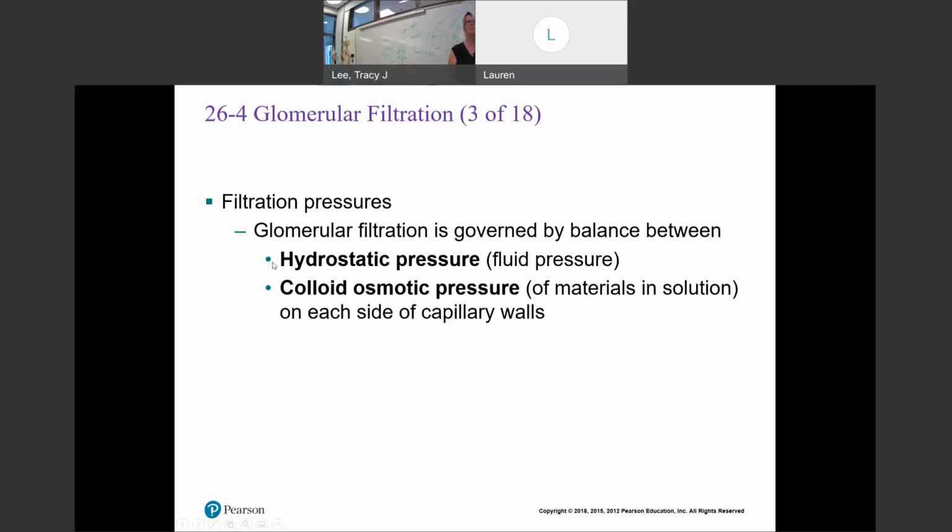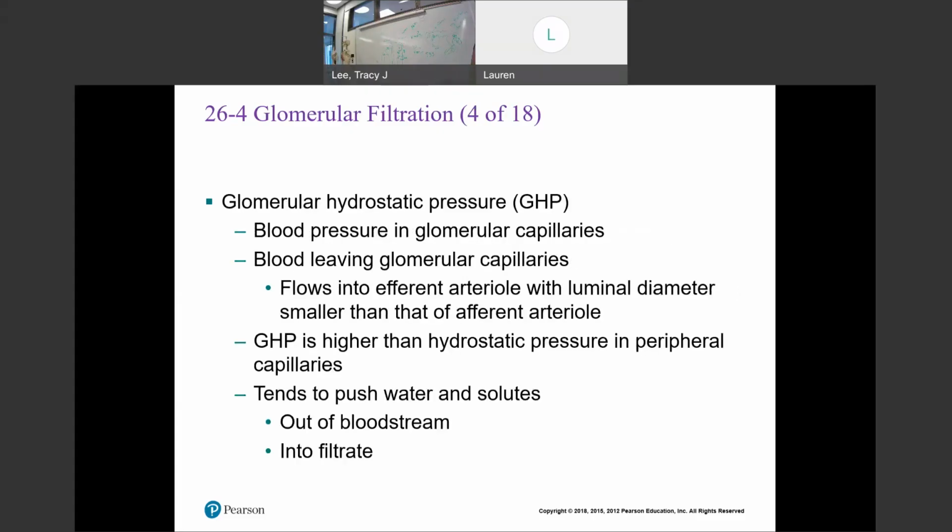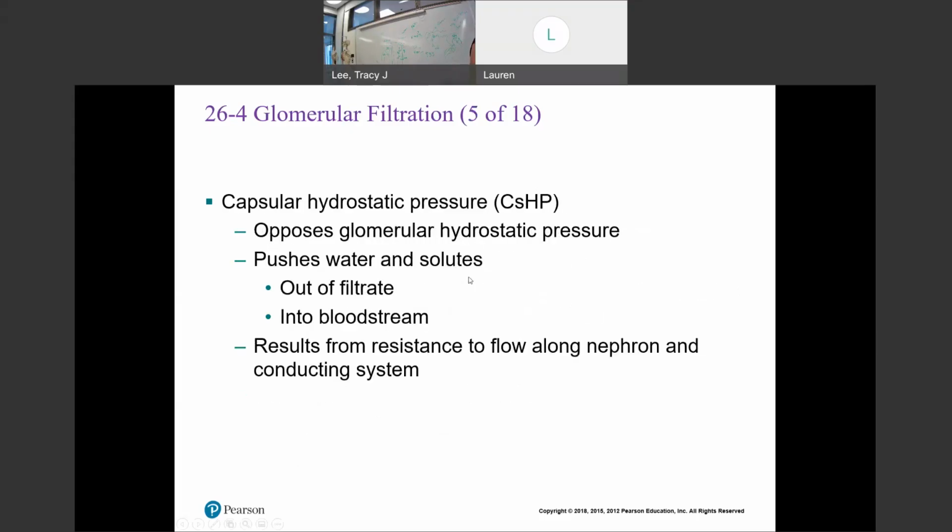What is our colloid osmotic pressure? Particles. Things are going to move. Water, liquids, or solutes are going to move based on the concentration gradients, right? So that is our colloid osmotic pressure. All right, glomerular hydrostatic pressure, we talked about that, so I'm going to skip through that.